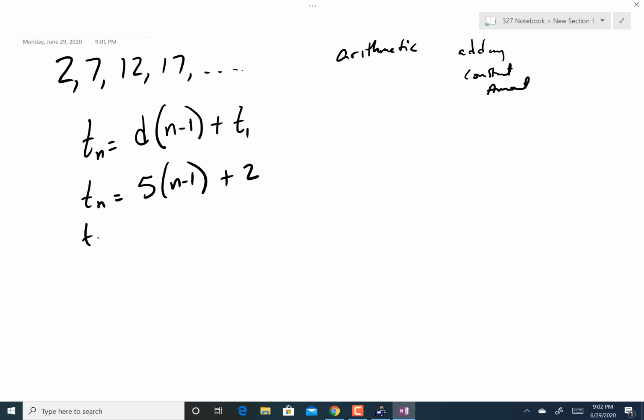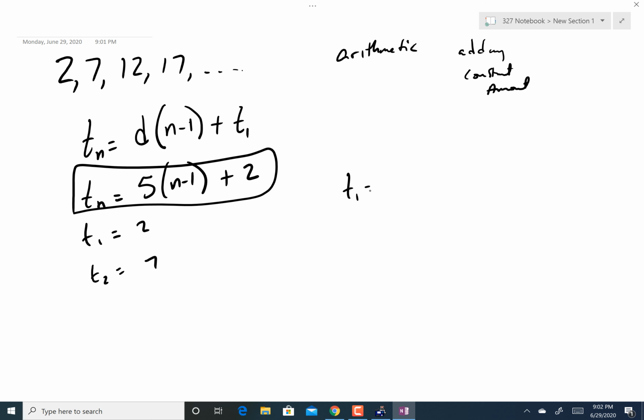The first term, well, 1 minus 1 is 0, so that's 0 plus 2 is 2. The second term would be 2 minus 1 is 1 times 5 is 5 plus 2 is 7, and so forth and so on. It's very easy. Personally, I prefer just to leave it like that myself. Of course, a guy could do this recursively. One would say that it's the previous term plus 5.